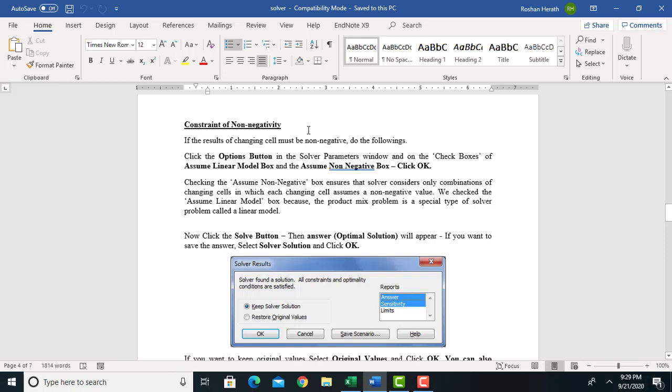I haven't deliberated much on that. The constraint of non-negativity means that if the results of the changing cells must be non-negative, you select that non-negative constraint. That's why we kept that tick box.